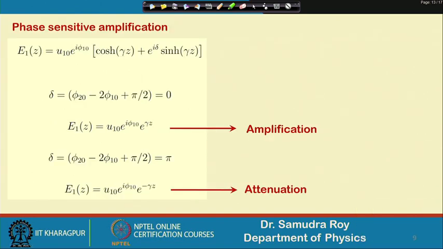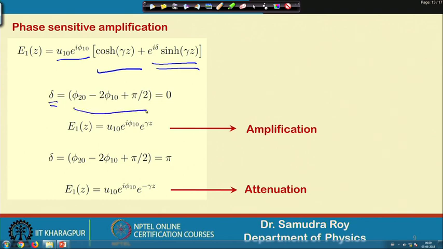As I mentioned, we have one term here which is e to the power of I phi 0, and then cos hyperbolic of gamma z plus e to the power I delta sin hyperbolic of gamma z, and then I say my delta is this quantity. Now, I put delta equal to two different values.